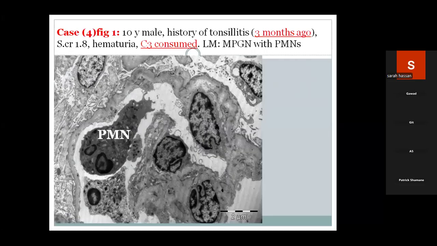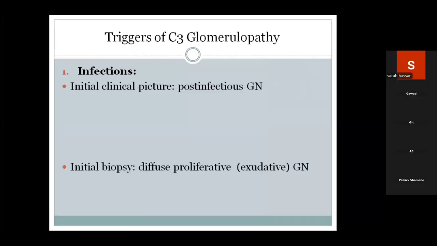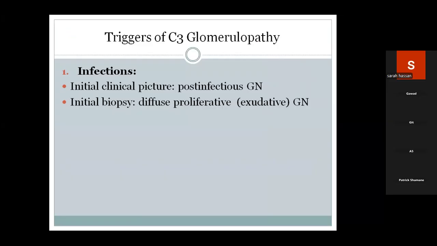It is good. So, what are the triggers of C3 glomerulopathy? First, infections. The initial clinical picture is post-infectious, as in the last case. An initial biopsy could be diffuse proliferative GN, but with more sclerosing in the biopsy, we would be more worried about the atypical course of the disease.